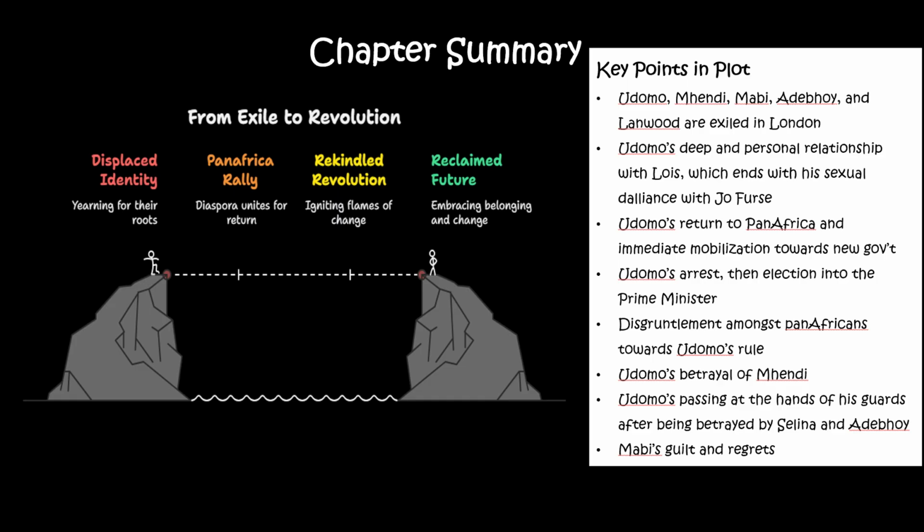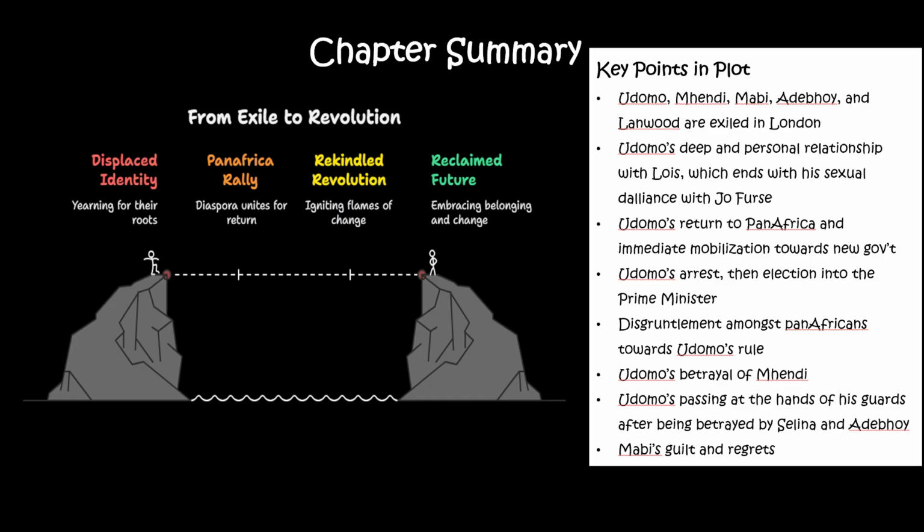The group quickly bands together and fights for the recognition of African independence amongst the London colonialists. The key thread bringing the group together is their desire to return home and lead their respective countries to freedom. While in London too, we see Udomo forming deep personal relationships with Europeans.